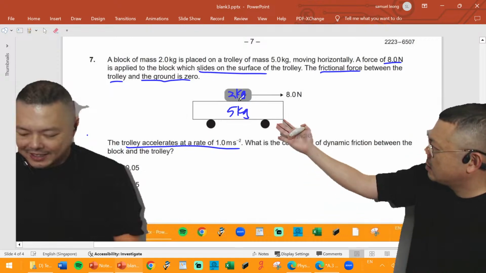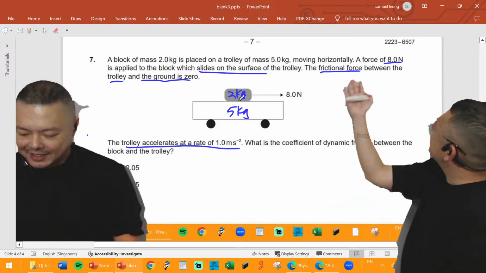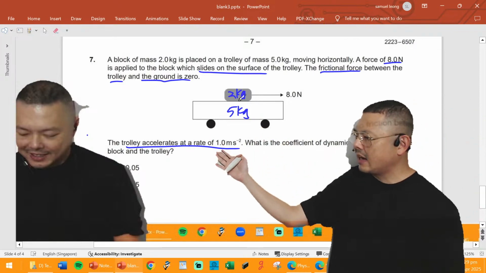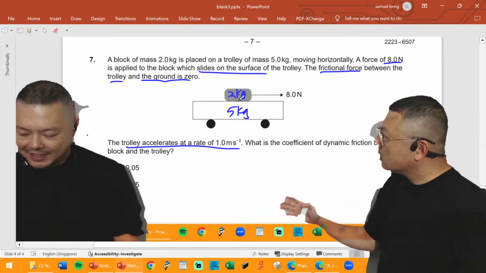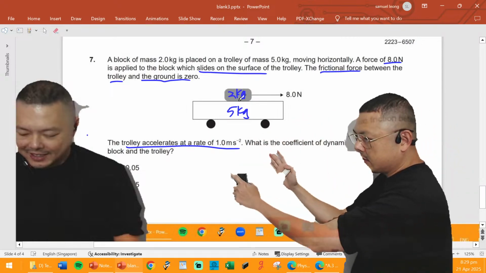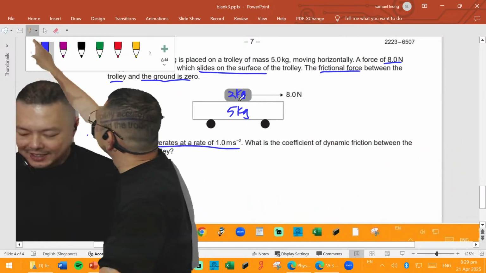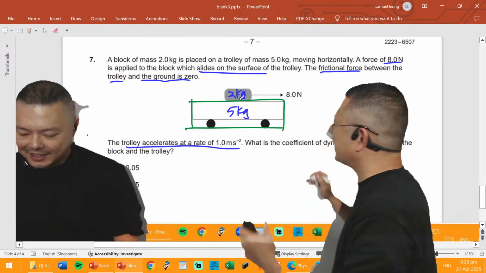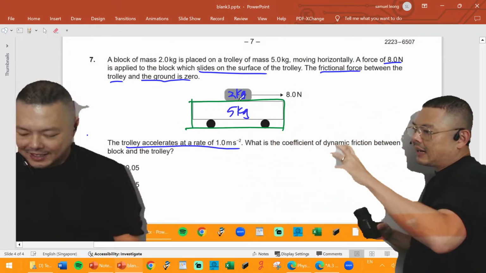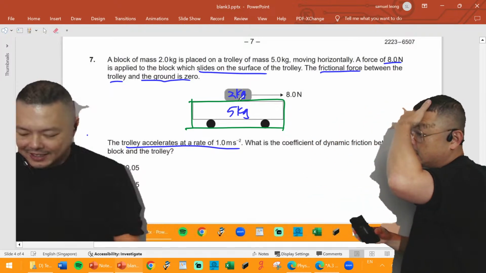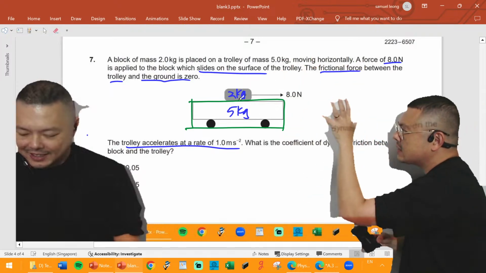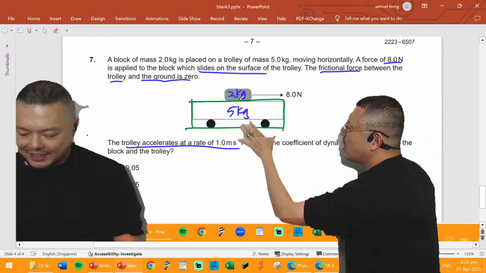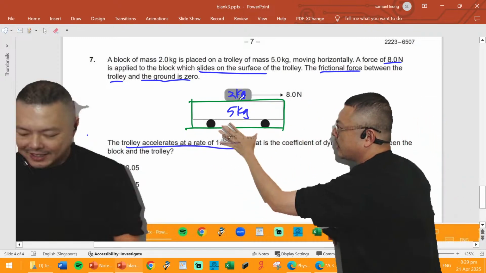Look at the trolley. This is a May 23 paper. Why would the trolley accelerate? We have to focus on the trolley first. We have to ask ourselves, what's making the trolley accelerate? Let's understand that the 2 kg mass is not stuck to the 5 kg mass. It's actually sliding over. So let's look at this and figure out what force could have caused the trolley to accelerate.